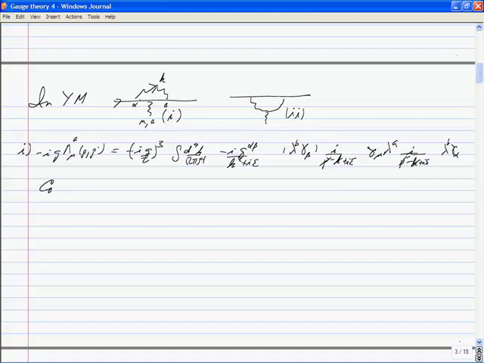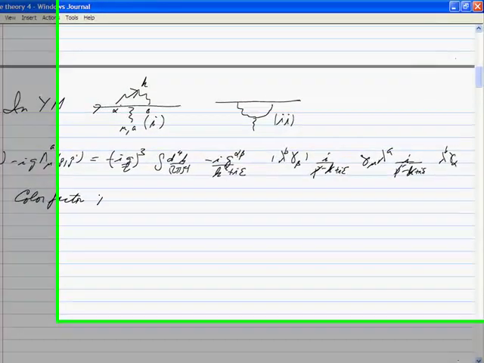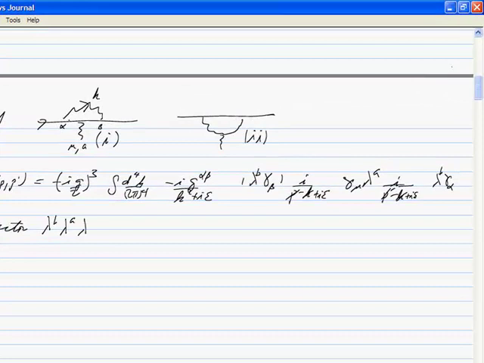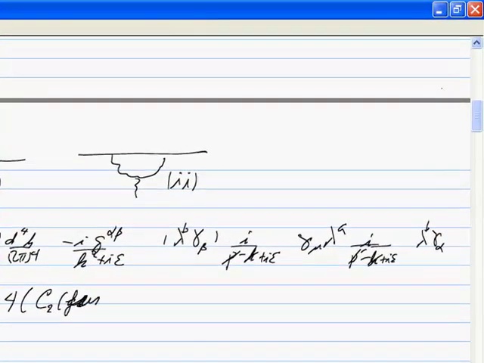The color factors are: I have lambda B, lambda A, lambda B. So that's something that I calculated for you last time. We ended up showing that this was 4 times the Casimir for the fundamental, minus 1/2 the Casimir for the adjoint, and you get lambda A back again.